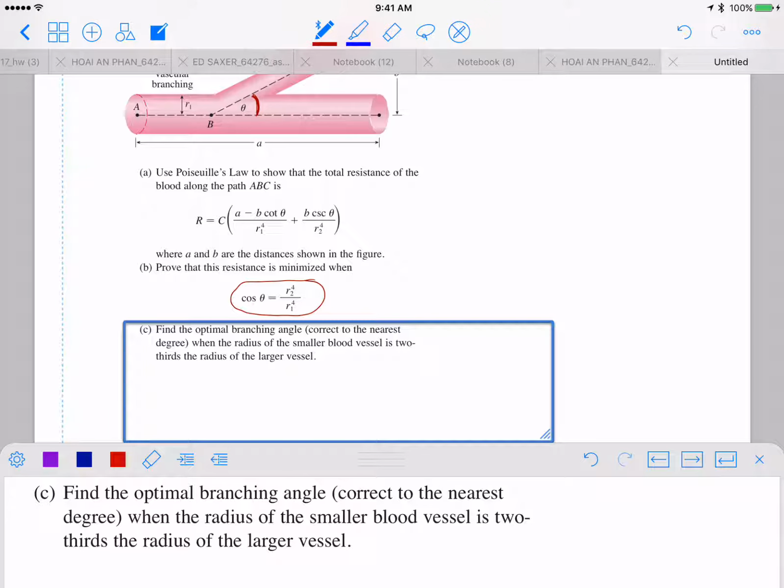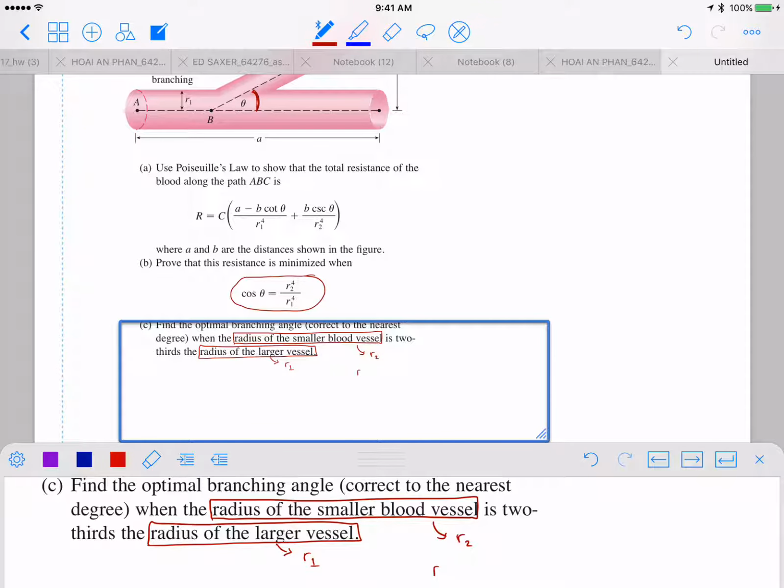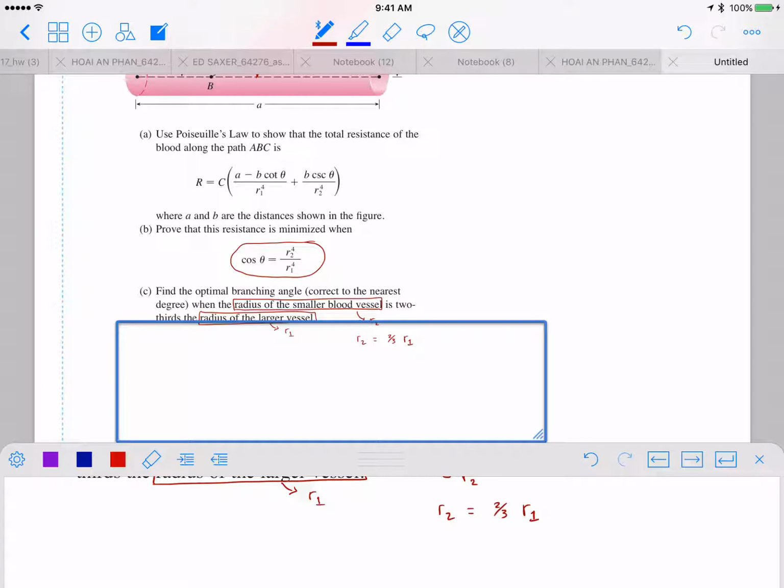Okay, so find the optimal branching angle when the radius of the smaller blood vessel, remember, was denoted by R2, is 2/3 the radius of the larger vessel, and the radius of the larger vessel was R1. So our condition here is essentially that R2 is equal to 2/3 of R1. And so we want to find theta.